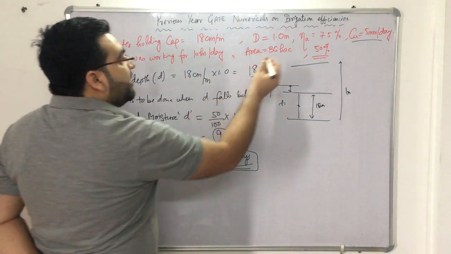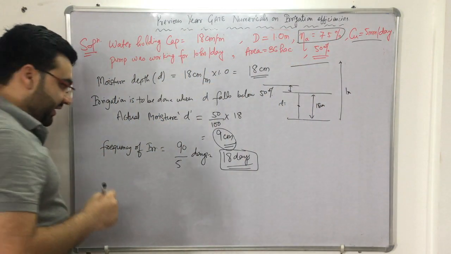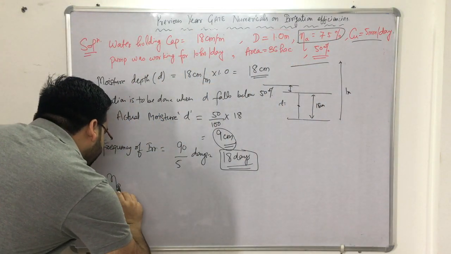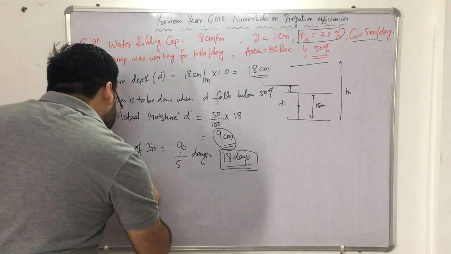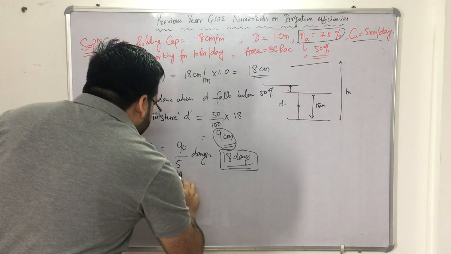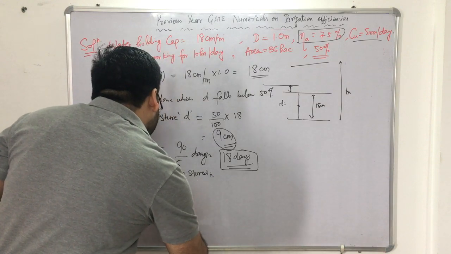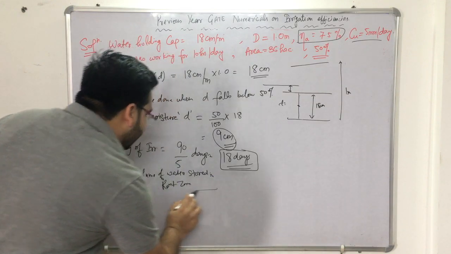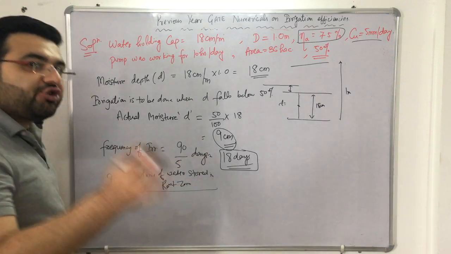For that I will use the application efficiency, eta A. I know that eta A is actually equal to the volume of water stored in the root zone divided by the volume of water actually applied to the field, right?